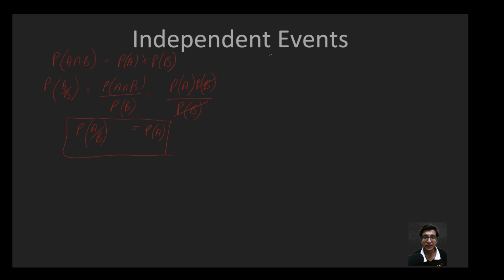Now what does this signify? This means that, let's say, if A and B are independent events, then what else can we say? That A dash and B dash are also going to be independent. A dash and B are also going to be independent. A and B dash are also going to be independent. That means this works for all different combinations of A and B, whether it is the complement of them, or whether one of them is a complement and the other one is not.